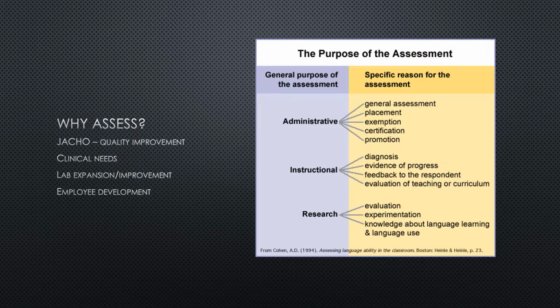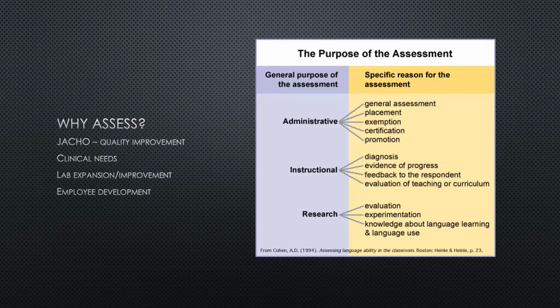They're looking at the clinical needs. They're saying, okay, are all the tasks being accomplished in your laboratory? What new tasks are you going to need as far as lab expansion or improvement goes? And who are you going to apply to that, and why?